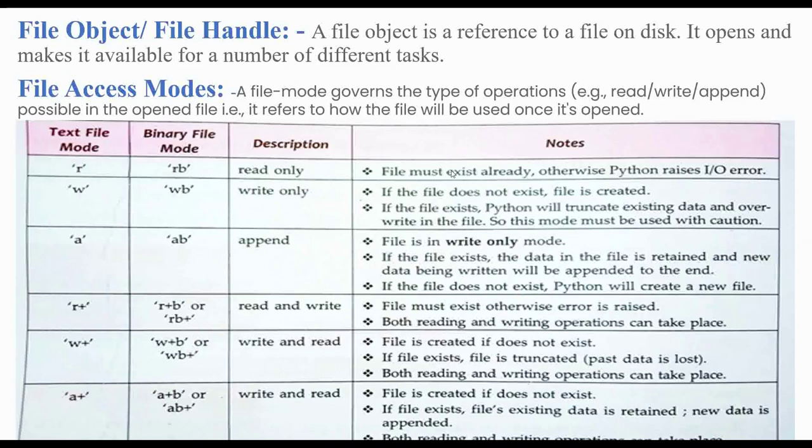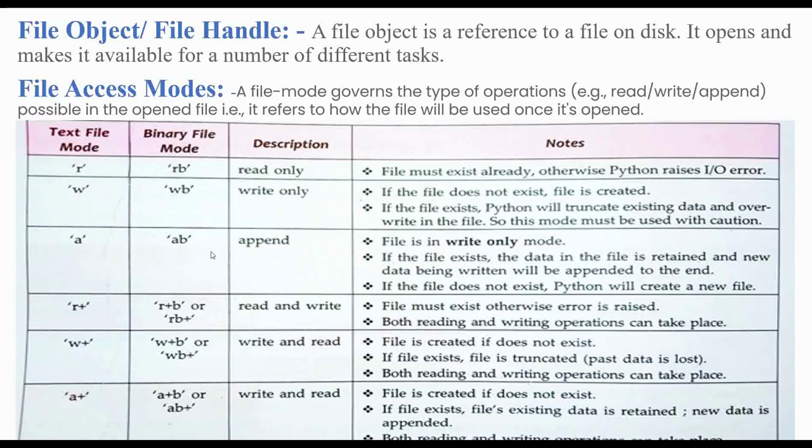R is only for reading. That means the file is already created, and you're just going to open the file and read the content. W means you're going to only write into the file. And please note, when you're using W, the file is going to be created and you are writing into the file.